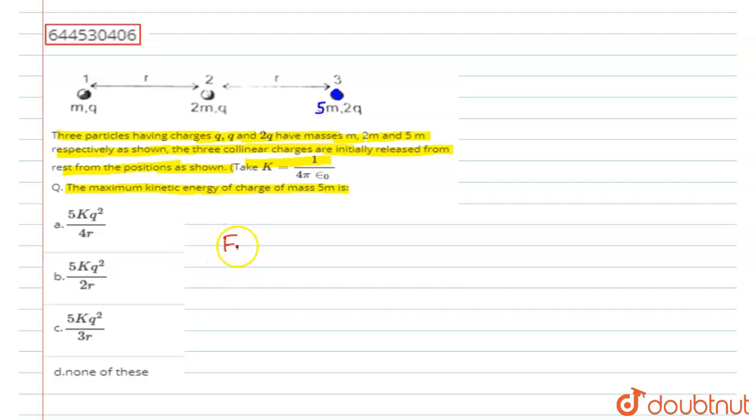F1 is the force due to the second particle and the third particle. This is electrostatic force. So F1 is equal to KQ into Q divided by R square, plus due to the third particle KQ into 2Q divided by 2R whole square.